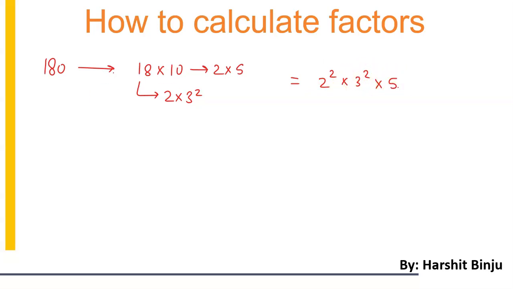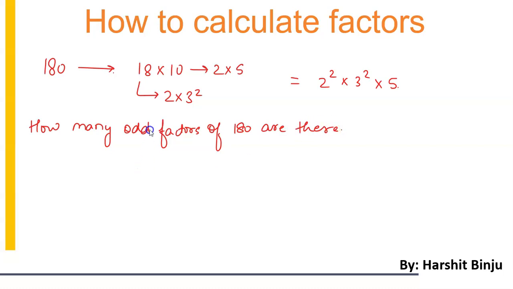Let's suppose I ask how many odd factors of 180 are there? Or I can also ask how many even factors. When you talk about even, why not about prime? How many prime factors? And you can also ask how many composite factors are there.